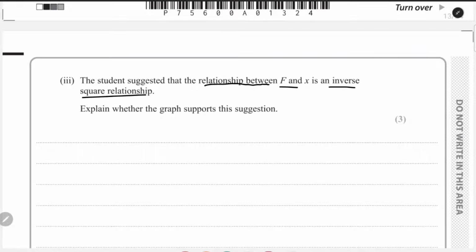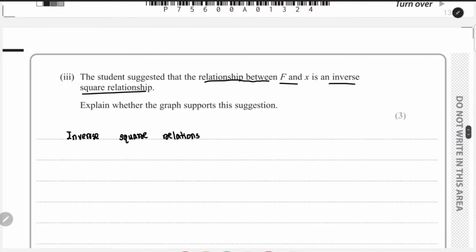The inverse square relationship suggests force proportional to 1 by x square, so basically x to the power minus 2.